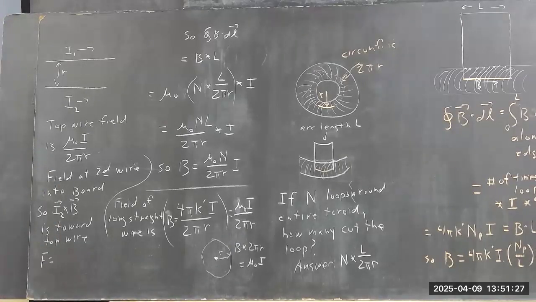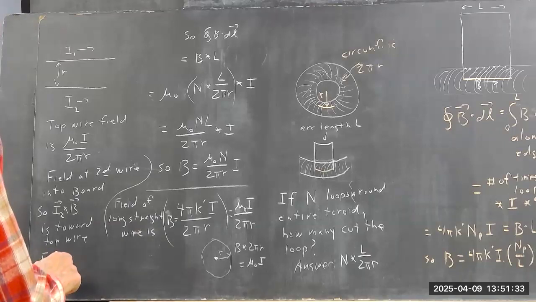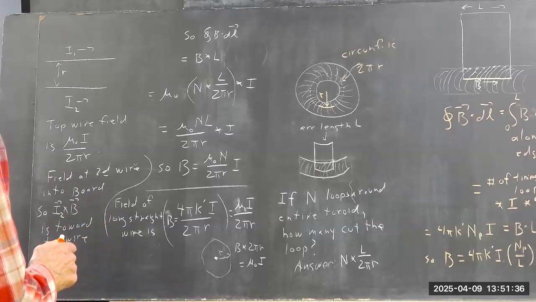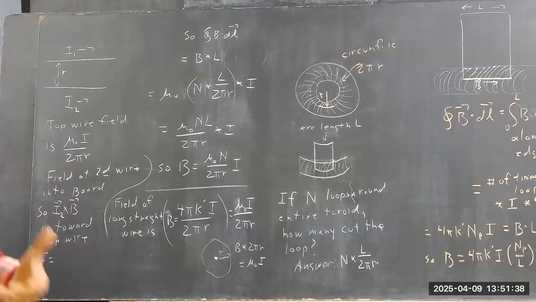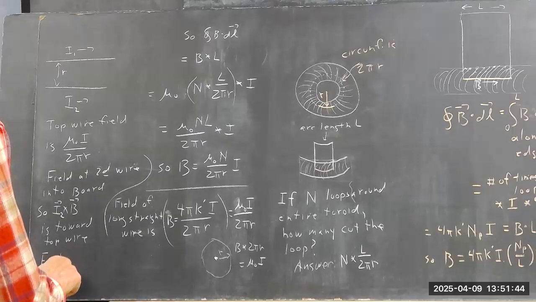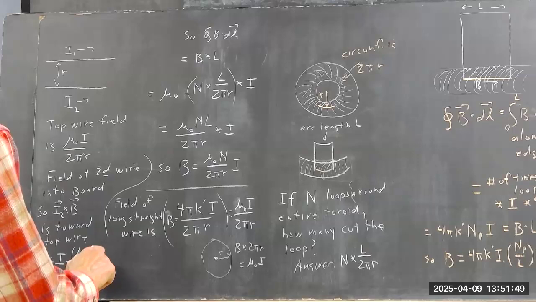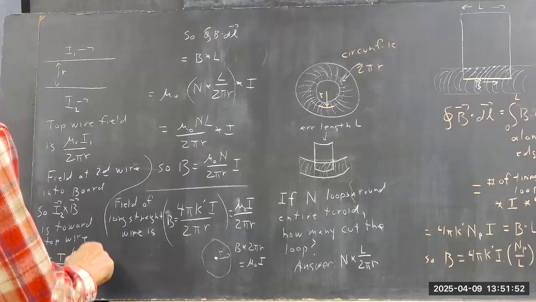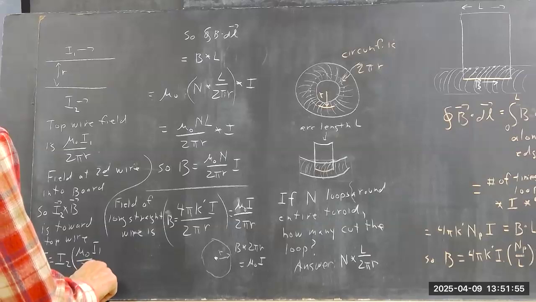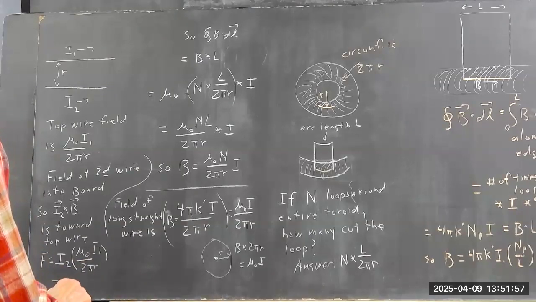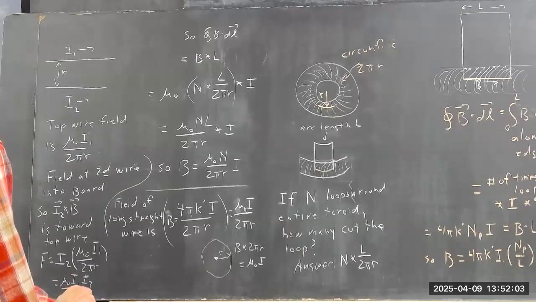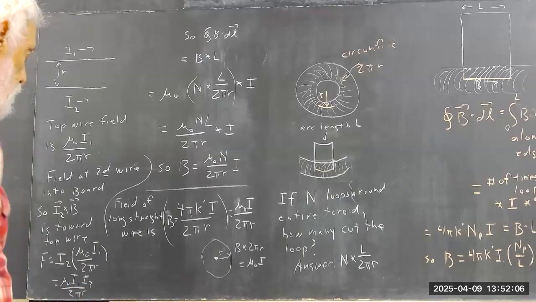How do you get the force? It's just I2 cross B. They're perpendicular, so you don't have any sine of theta involved. So you're just going to get I2 times mu naught I1 over 2 pi r. That's just mu naught I1 I2 over 2 pi r.